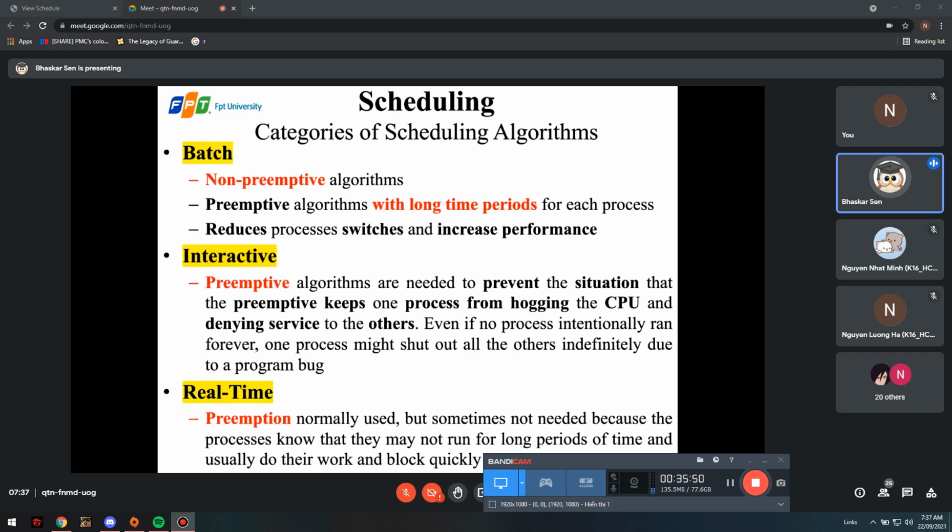So, no need for the scheduler to intervene. So, basically, that is what we have right here, the real time and interactive and batch systems.